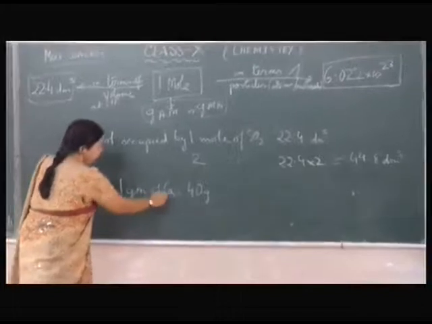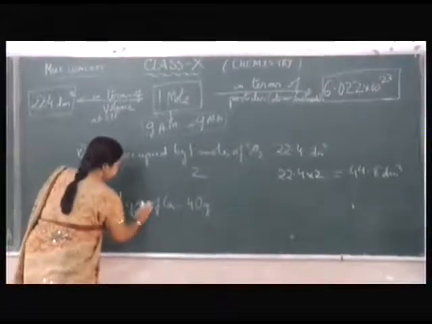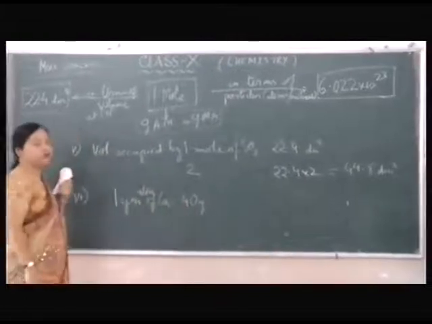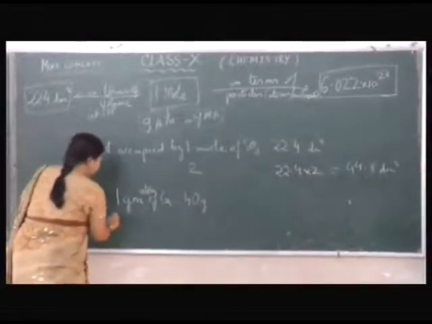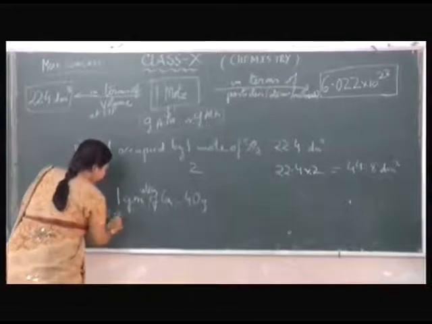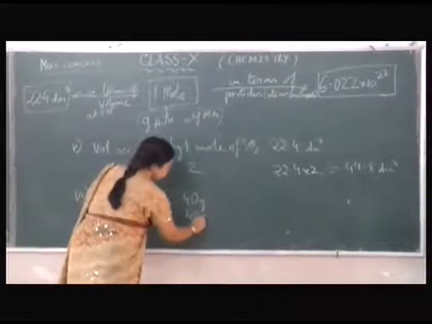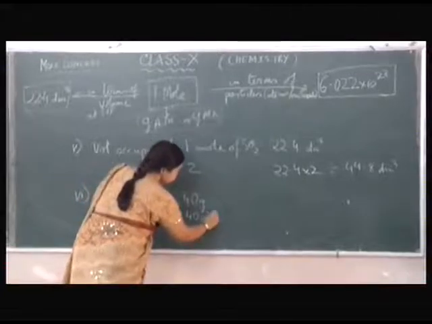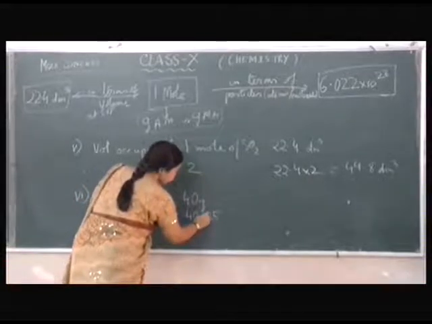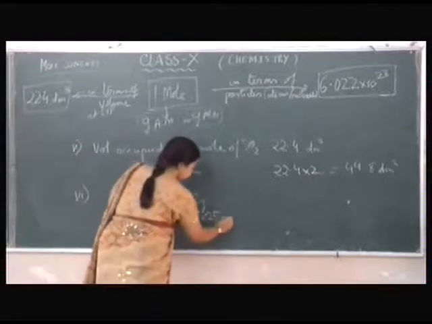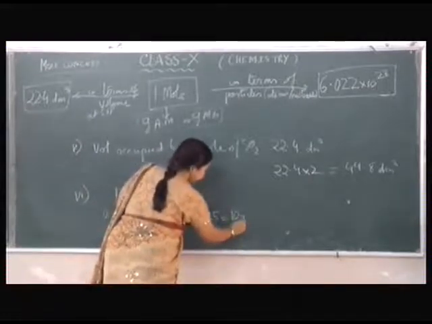So 1 gram atom of calcium is equivalent to 40 grams. Therefore, 0.25 will be 40 into 0.25, that is 1 by 4, that is equal to 10 grams.